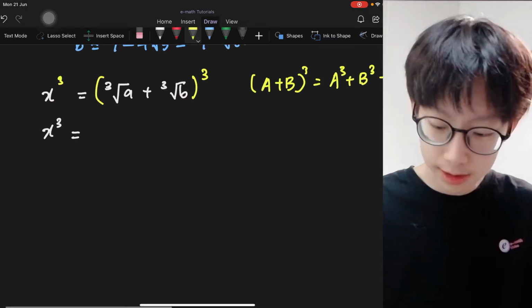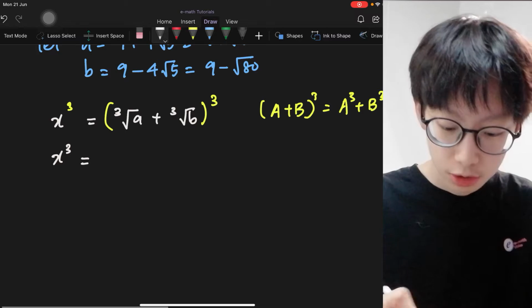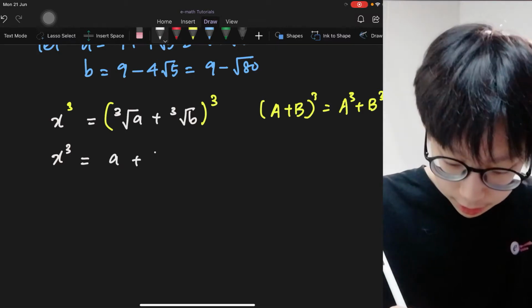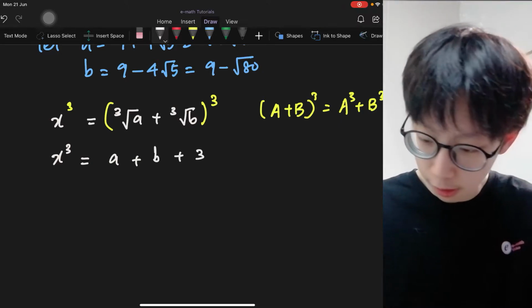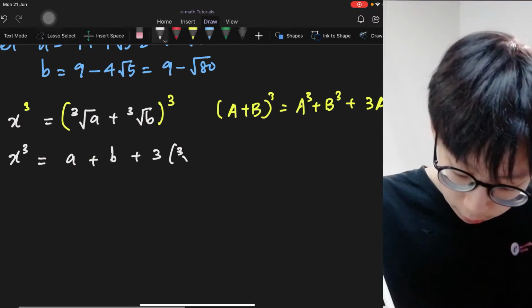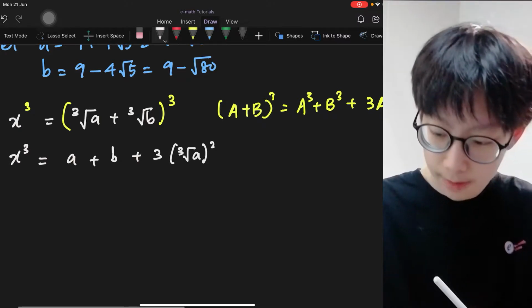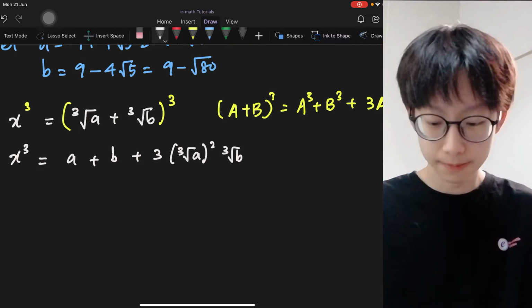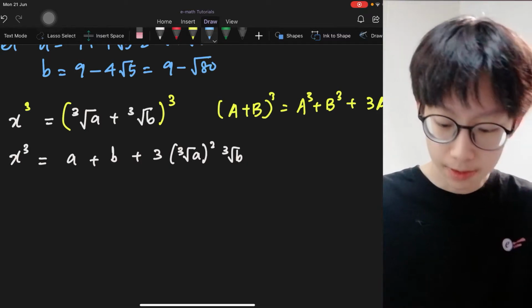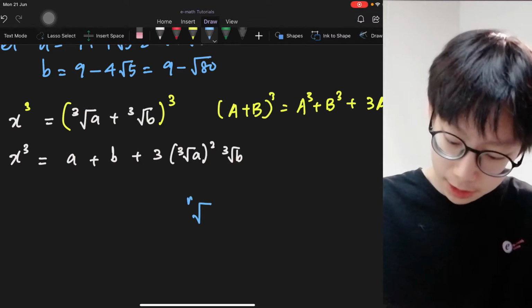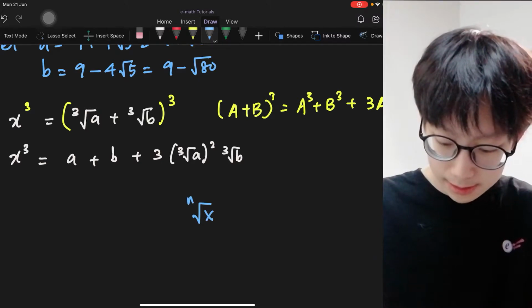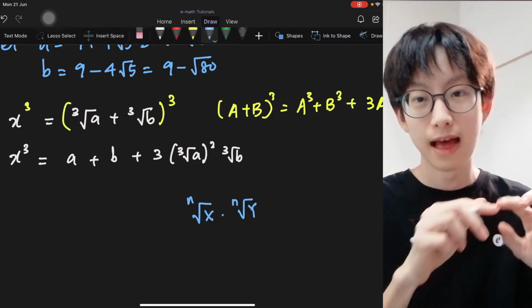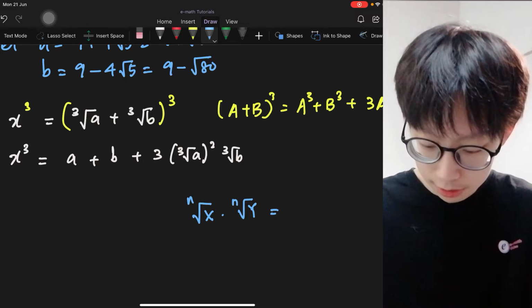So the cube root and cube cancel each other, so it's just a plus b, plus 3 times the cube root of a squared times the cube root of b. You can combine them together, because when you have the nth root of x times the nth root of y, if the radicals are the same, you can just combine them.